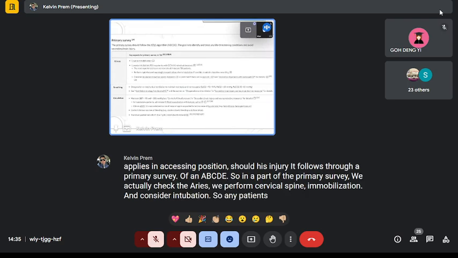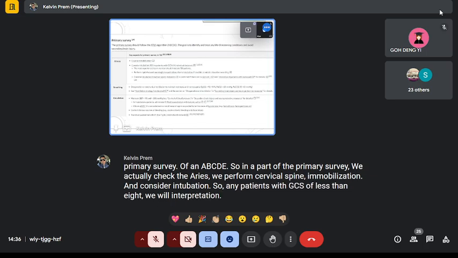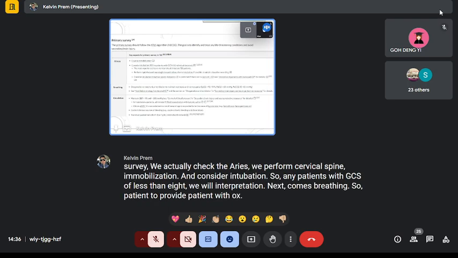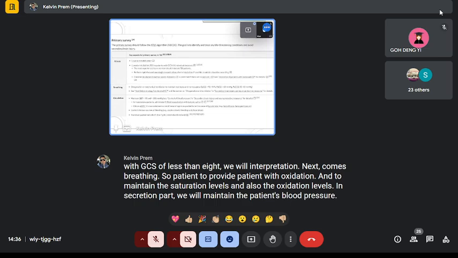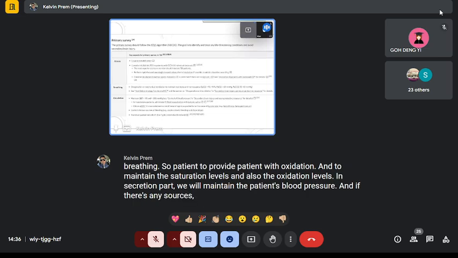Any patient with GCS of less than 8, we will intubate. Next comes breathing: we provide the patient with oxygenation and maintain the saturation levels. In circulation, we will maintain the patient's blood pressure, and if there are any sources of bleeding, we will try to stop the bleeding.